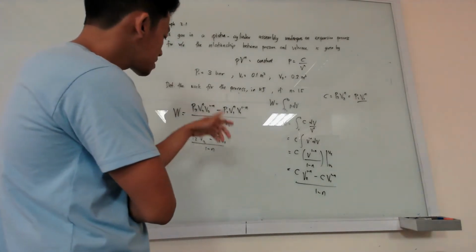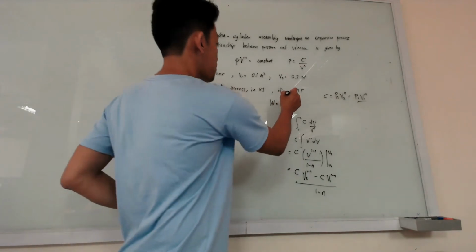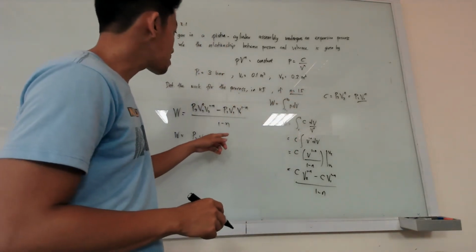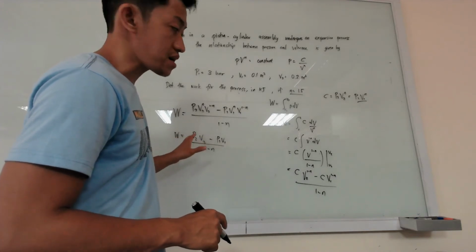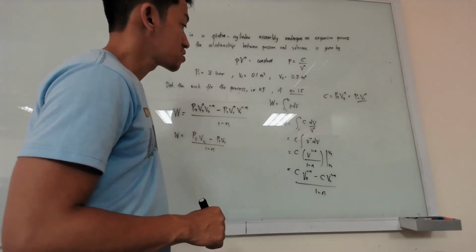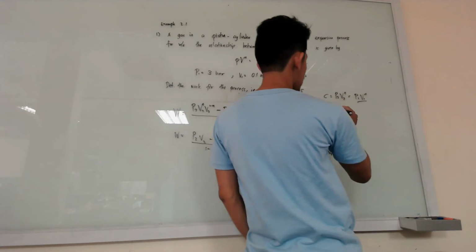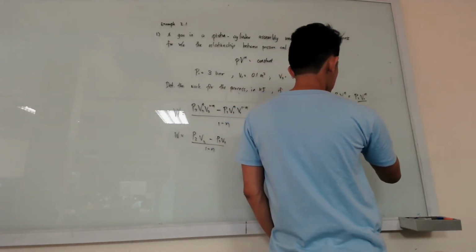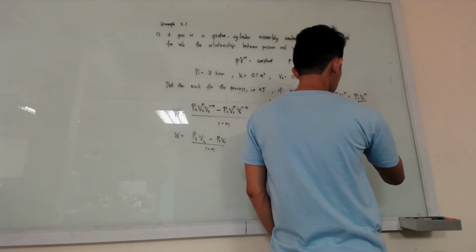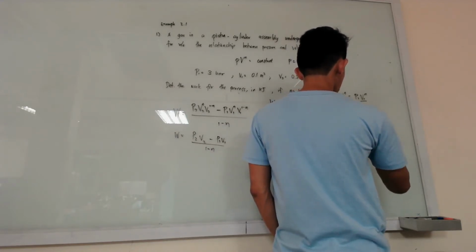Given n is 1.5, and given P1, V1 and V2, only P2 is missing, so we solve it using this relation. P2 is just P1 times V1 over V2 to the n.